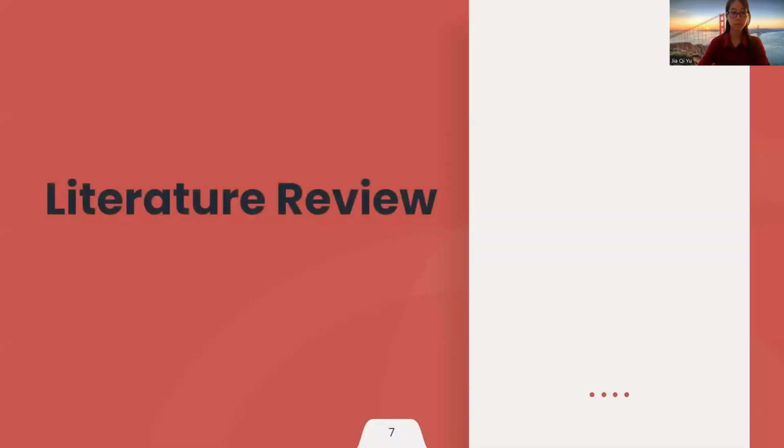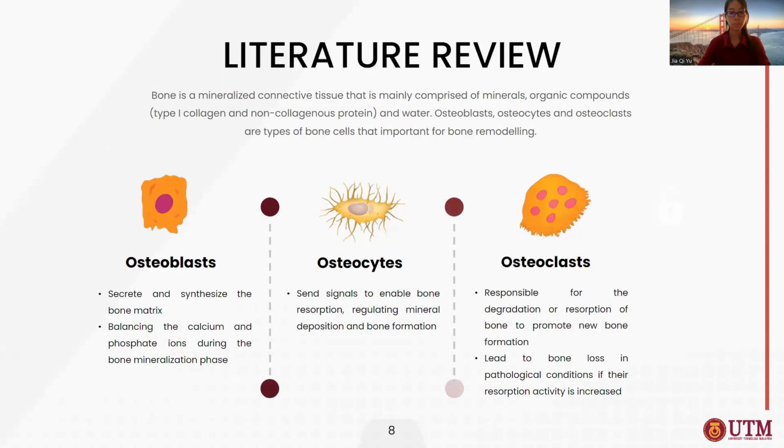Next is the literature review. Bone is a mineralized connective tissue that is mainly comprised of minerals, organic compounds, and water. Osteoblasts, osteocytes, and osteoclasts are types of bone cells that are important for bone remodeling.